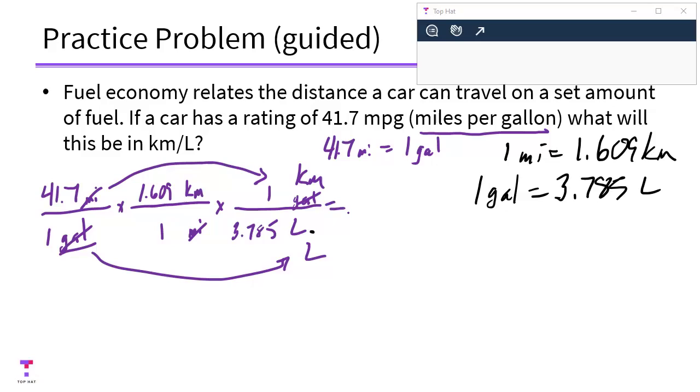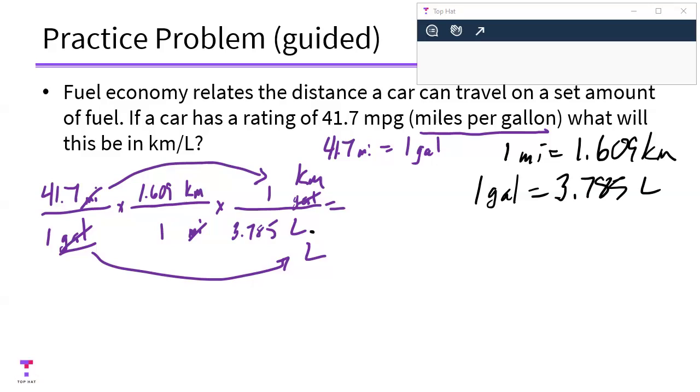So now last step, 41.7 times 1.609 divided by 3.785. This time, 3 significant figures. Our initial value was 3 sig figs. I wanted to make sure you notice that ACE gave me more digits for each of the conversions than what I put here.